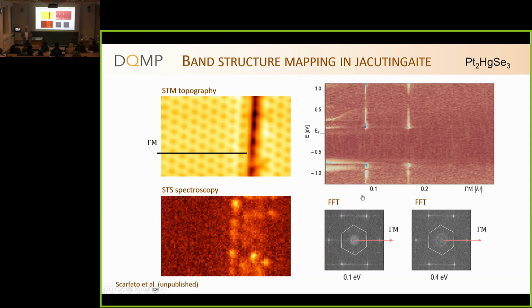That's how you map out the bands. And interestingly there is a little shadow here, which you can maybe see. And that we suspect could be the surface state that would be present if this really was a topological insulator. So here the STM really has very powerful means to tell us more about the intrinsic nature of these materials.